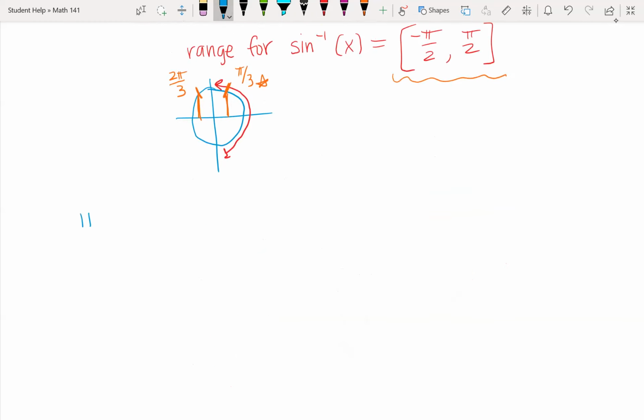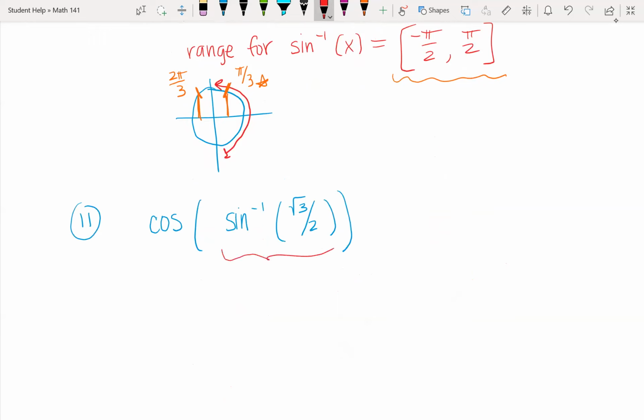For number 11, we're looking at cosine of sine inverse root 3 over 2. So this is asking us, what angle has root 3 over 2 as its sine?